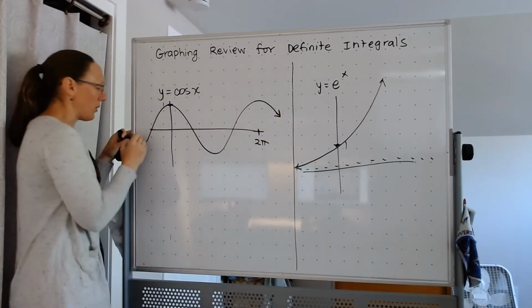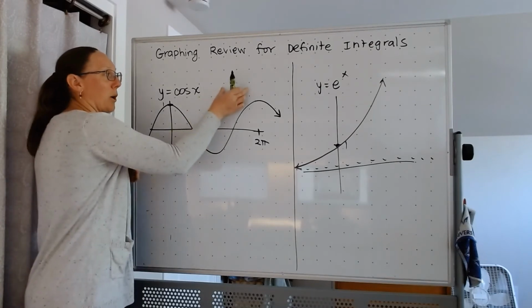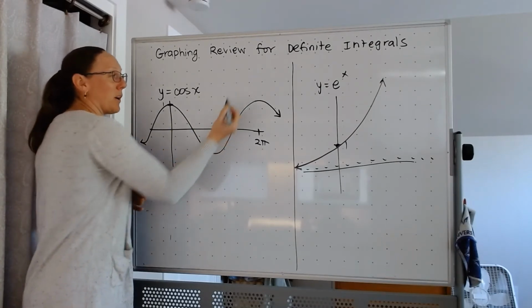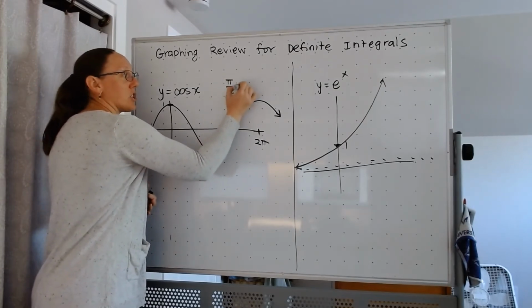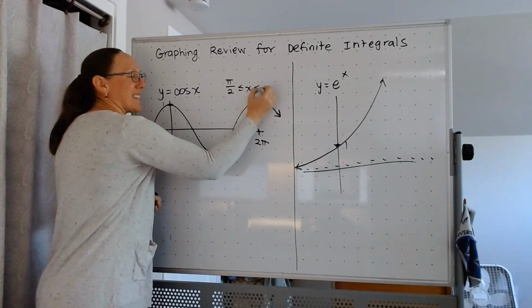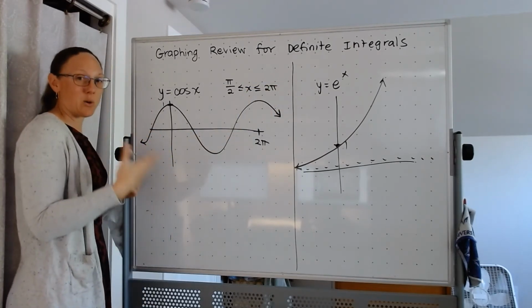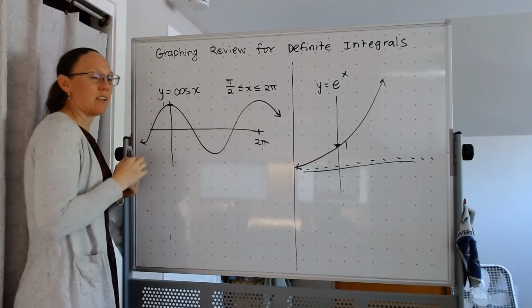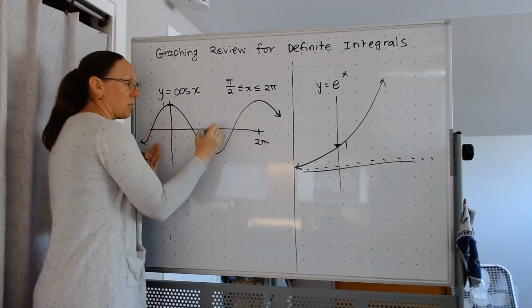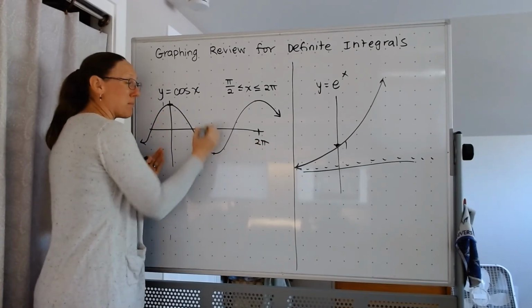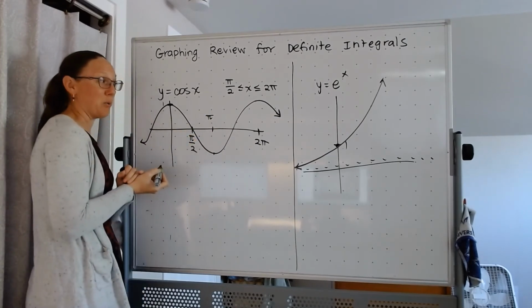So for cosine and sine, when we're talking about definite integrals, it's important to know what our bounds are. So if I only wanted to look at cosine of x, for example, on pi over 2 less than or equal to x less than or equal to 2 pi, the thing that's important to know about the sine and cosine graphs is kind of where they're hitting. So here, I know that cosine completes one full cycle in 2 pi, so that means that it's at this midpoint at pi, and this right here would be pi over 2.